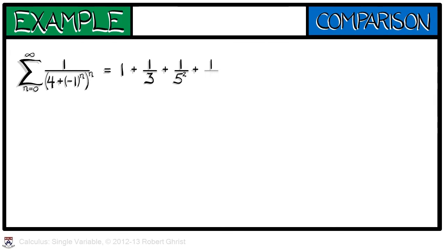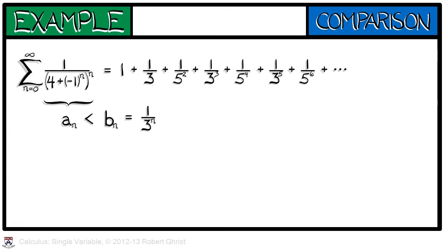If we look at the sum as n goes from 0 to infinity of 1 over quantity 4 plus negative 1 to the n, to the n, that's 1 plus a third plus 1 over 5 squared plus 1 over 3 cubed plus 1 over 5 to the fourth, etc. That's a funny looking series, but it's not that hard to figure out, because if we call these terms the a sub n's, they are definitely bounded above by a sequence b sub n given by 1 over 3 to the n.